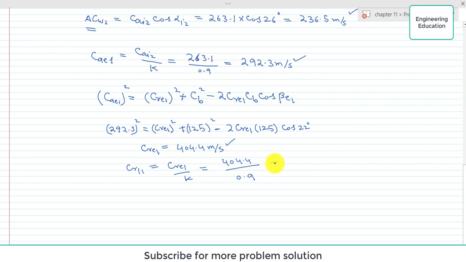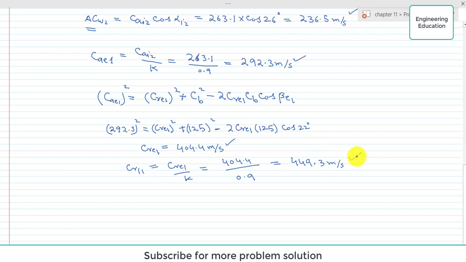So the value of CRI1 is 449.3 meter per second. So this is the value of CRI1.